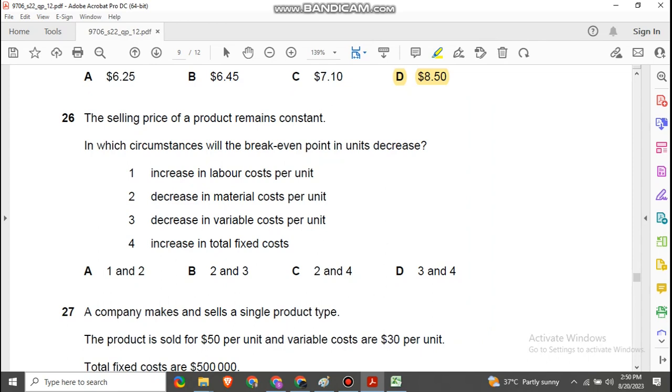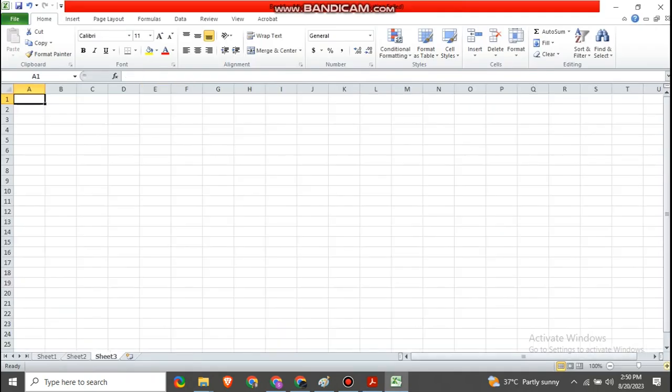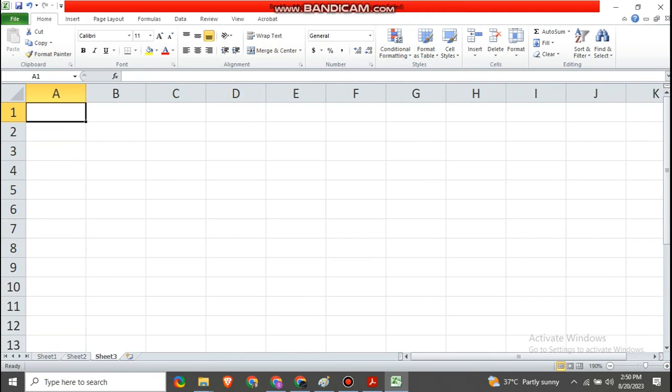Now, if you remember the break-even point, BEP, at the break-even point my revenue should be equal to my cost. And we also know how many units we have to produce and sell. That is called BEP units.